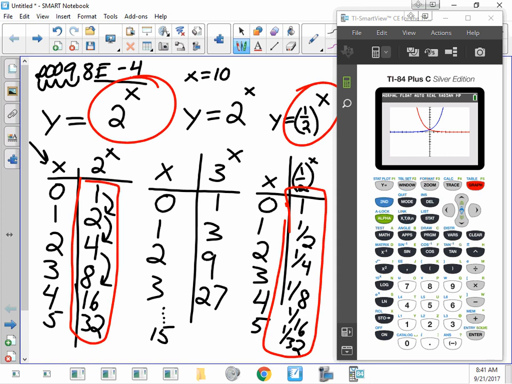Okay? So multiplying by 2 makes numbers bigger, and multiplying by 1/2 makes numbers smaller. Could we come up with a rule and say these numbers are going to make exponential equations go up, and these numbers are going to make exponential equations go down? So it has something to do with this. When will exponential equations go up, and when will exponential equations go down?